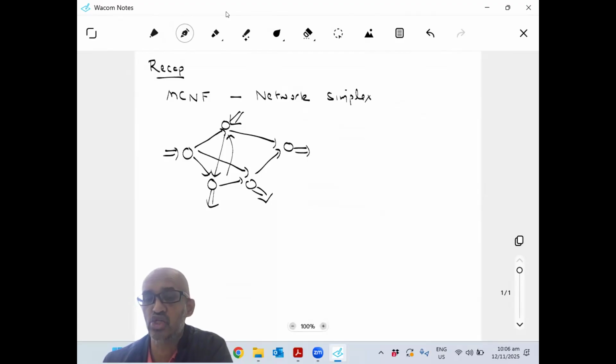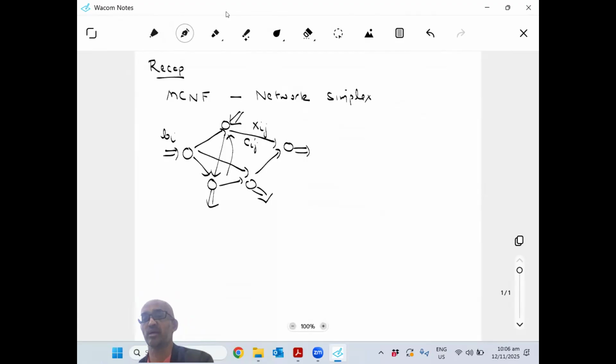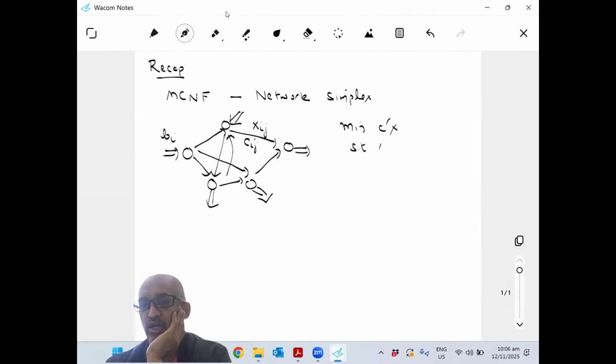On each arc, you have a flow xij, which is your decision variable. On every arc, I've got a cost cij, and the supply and demand nodes are given by these numbers bi. So we were basically trying to minimize c transpose x subject to Ax = b, x non-negative. This was an uncapacitated version. If you have capacity constraints, you have upper bounds on x.